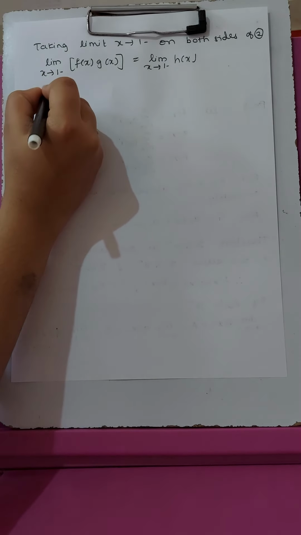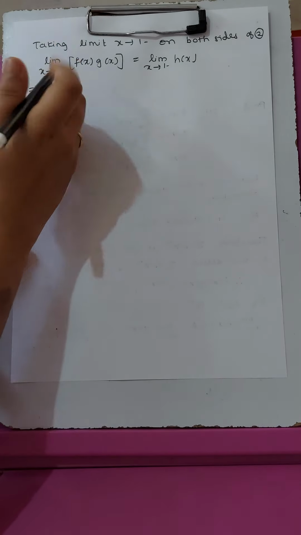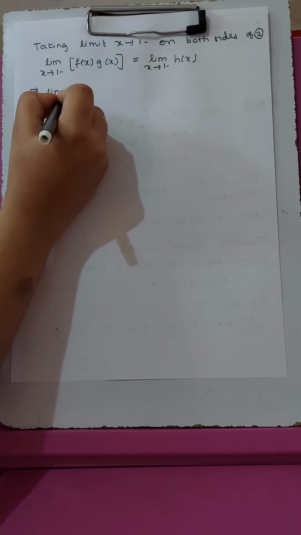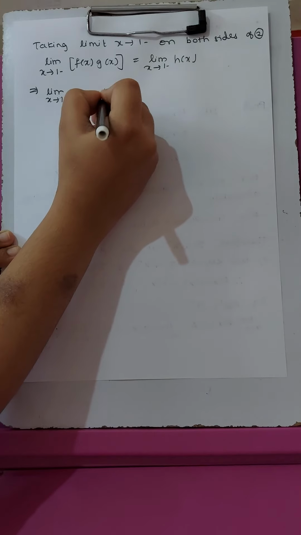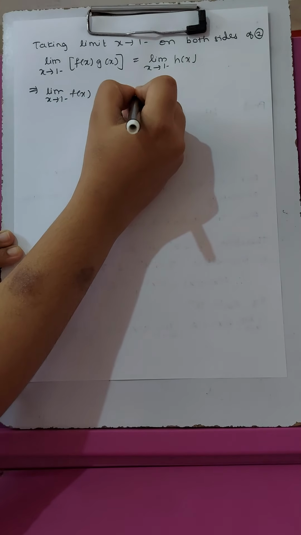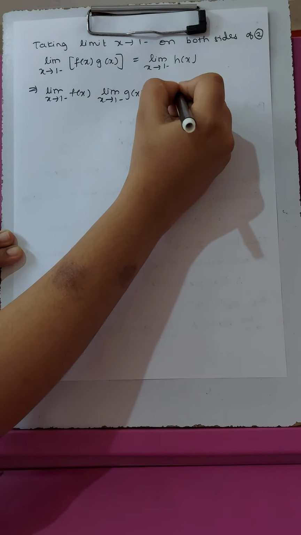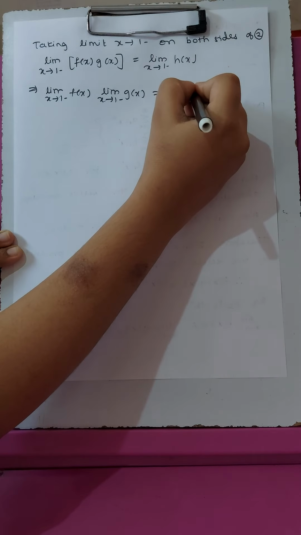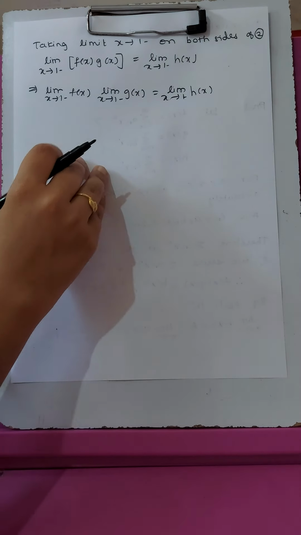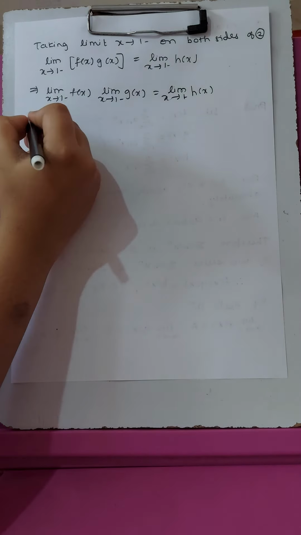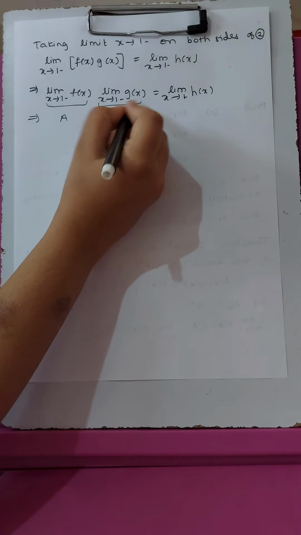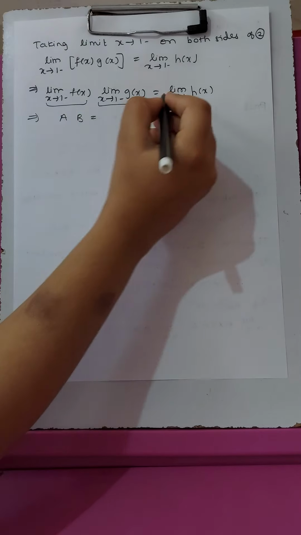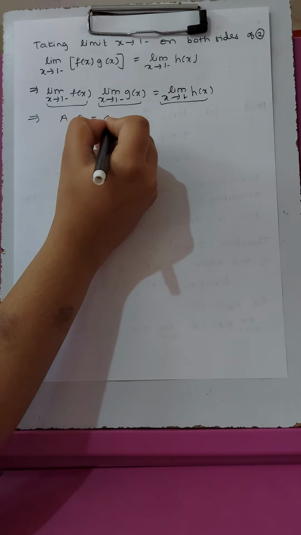This implies we can separate this limit into the two factors: limit x tends to 1 minus f of x times limit x tends to 1 minus g of x equals limit x tends to 1 minus h of x. Now by 3 we know that this is a, this term is b, and this term is c.